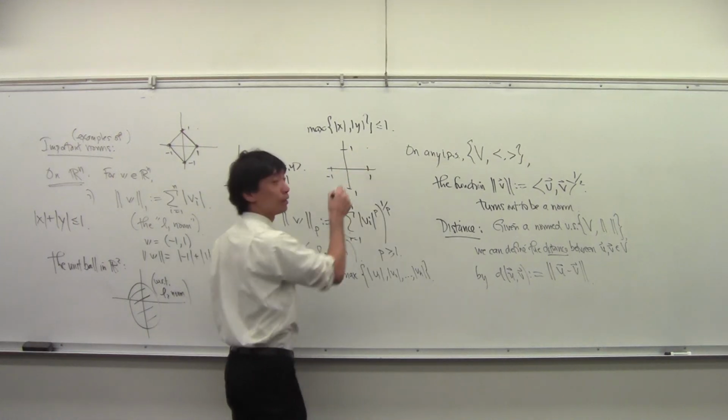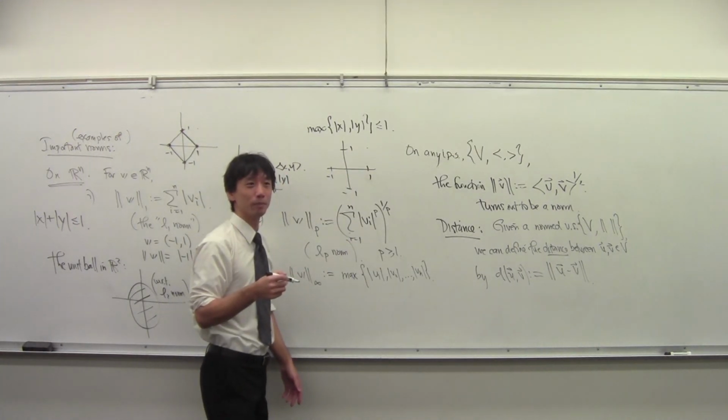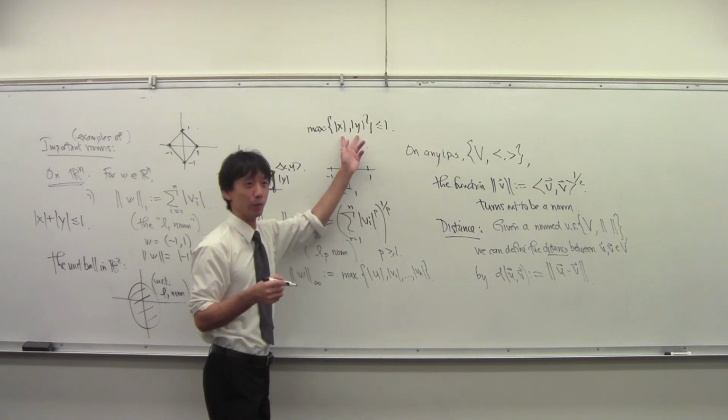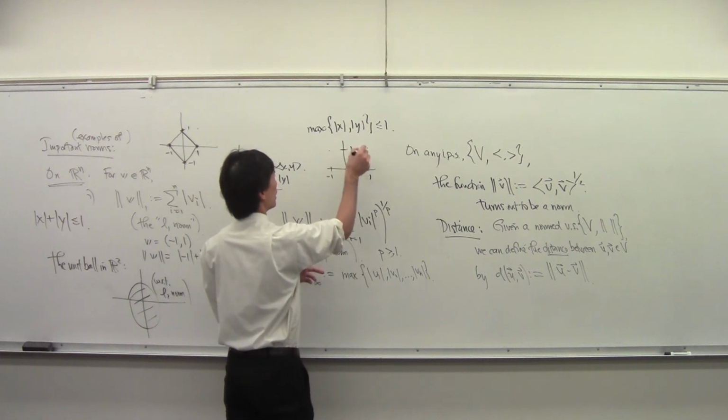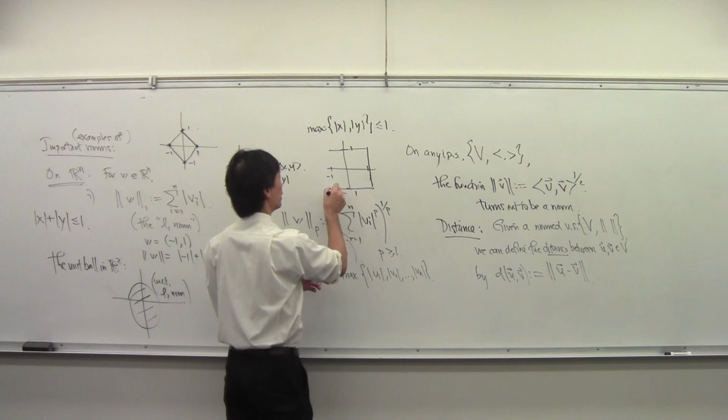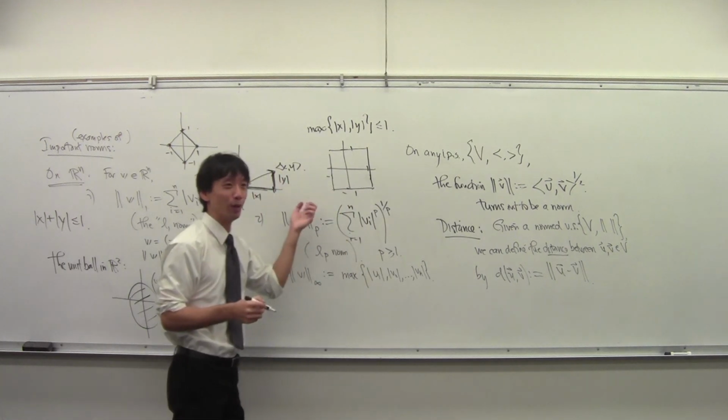Is this point in? 1, 1, is that in? As long as the maximum of those entries is less than or equal to 1, you're good. So yeah, 1, 1 is in, right? These corner points are all in. In fact, you get another square on a different line. Right? So this is the unit ball.